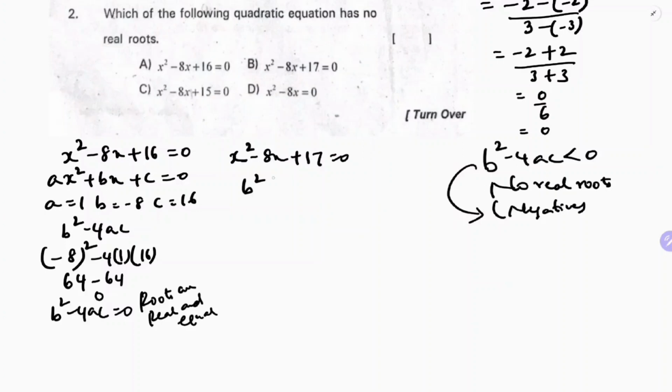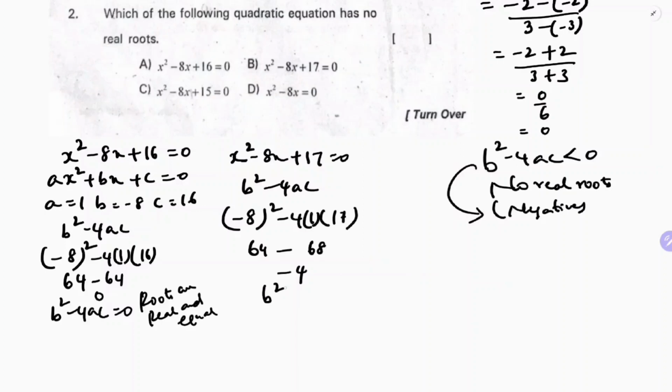Substituting, b is minus 8, a is 1, c is 17. So 64 minus 68, which is nothing but minus 4. So b square minus 4ac is less than 0, no real roots. So here the correct option is B.